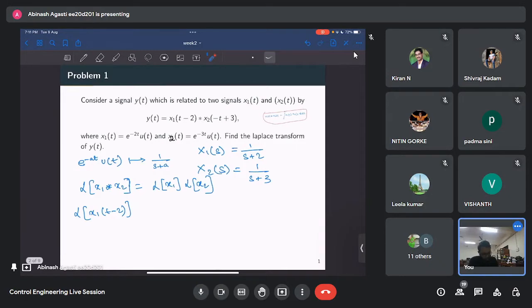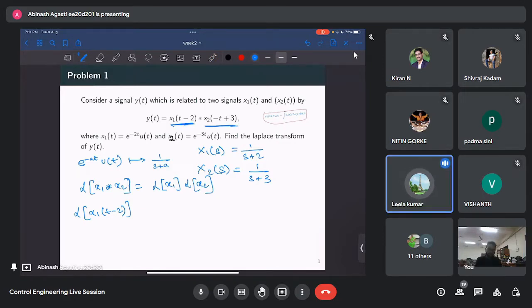And the other thing that we know is the Laplace transform of the convolution of two signals is nothing but the multiplication of the Laplace transforms of the two signals. So we just have to find out the Laplace transform of this term and this term.